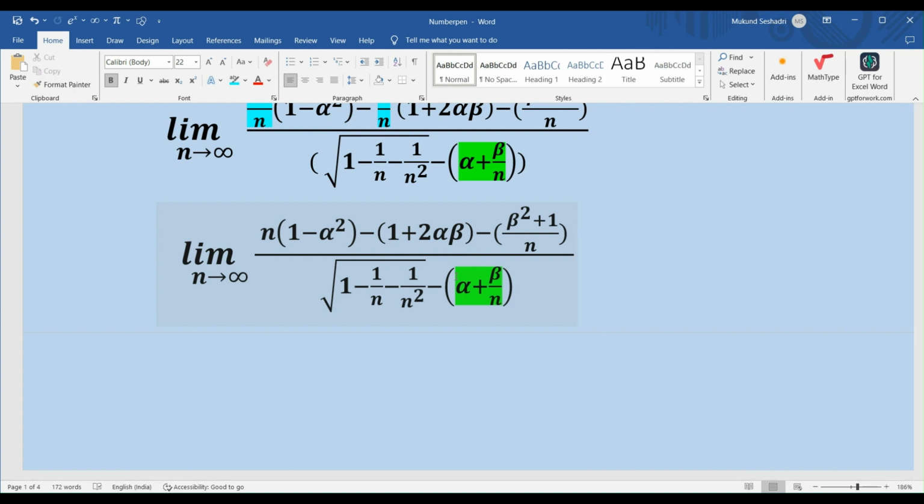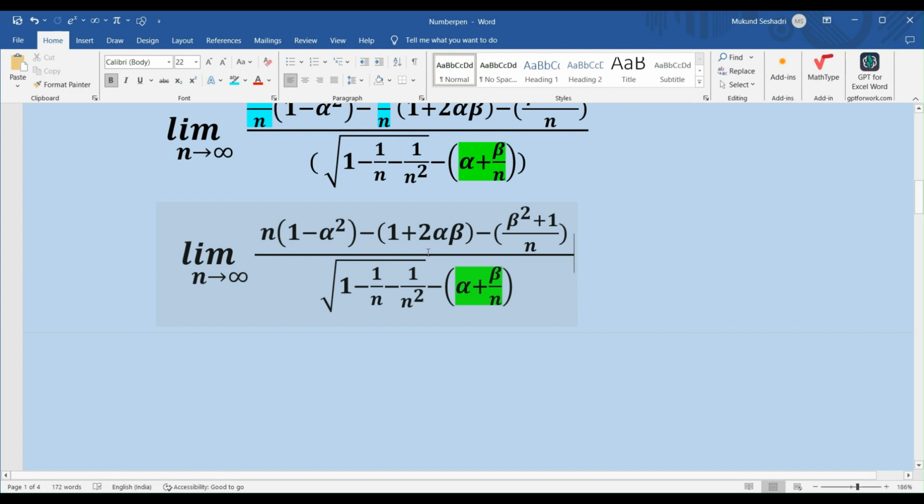So I know that my term in the denominator is going to be 1 minus alpha, and my term in the numerator is n times (1 minus alpha square) minus (1 plus 2 alpha beta) minus (beta square plus 1) divided by n.